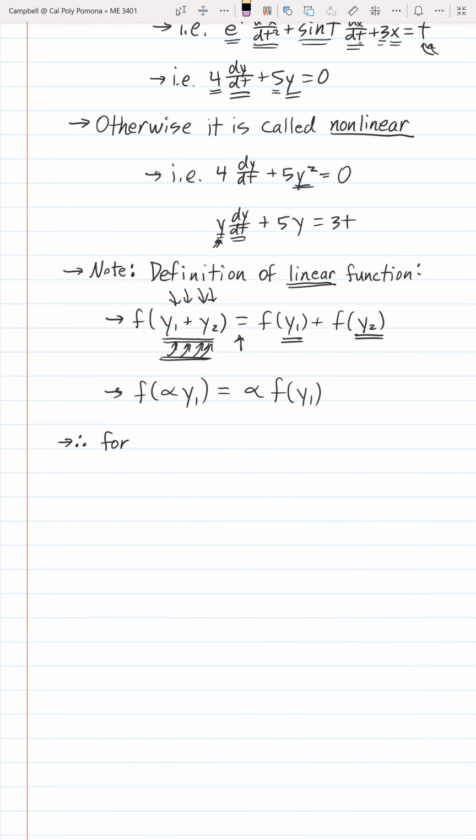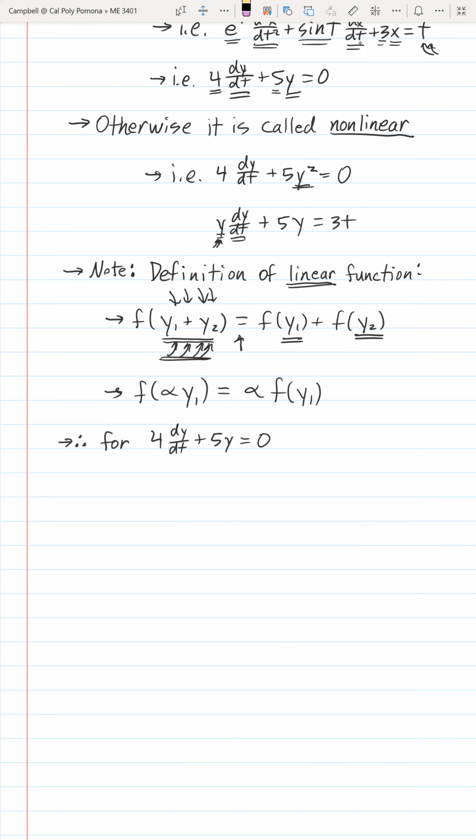So let's say that we have the following differential equation: dy/dt plus 5y is equal to 0. And now let's say that we have a combination of two y's coming in.